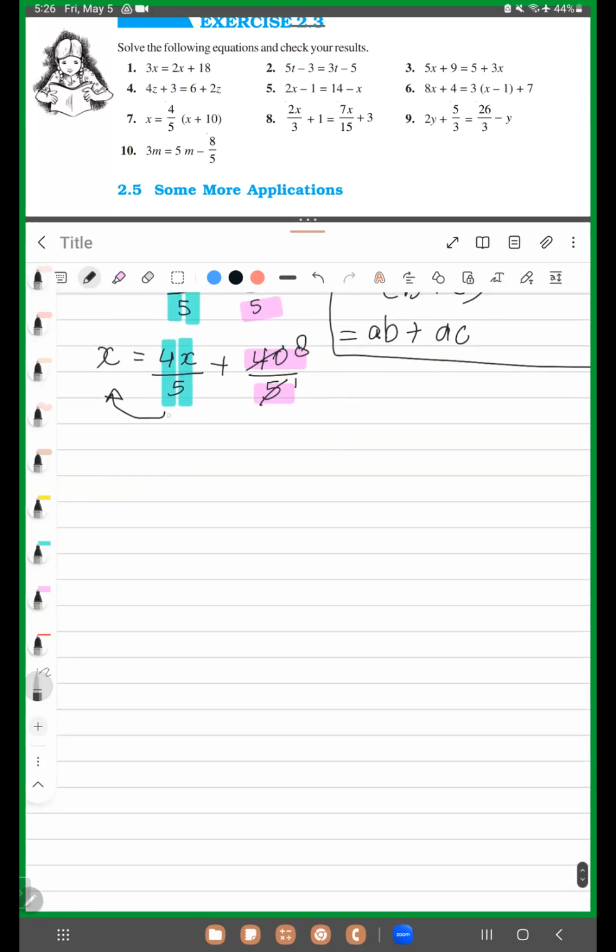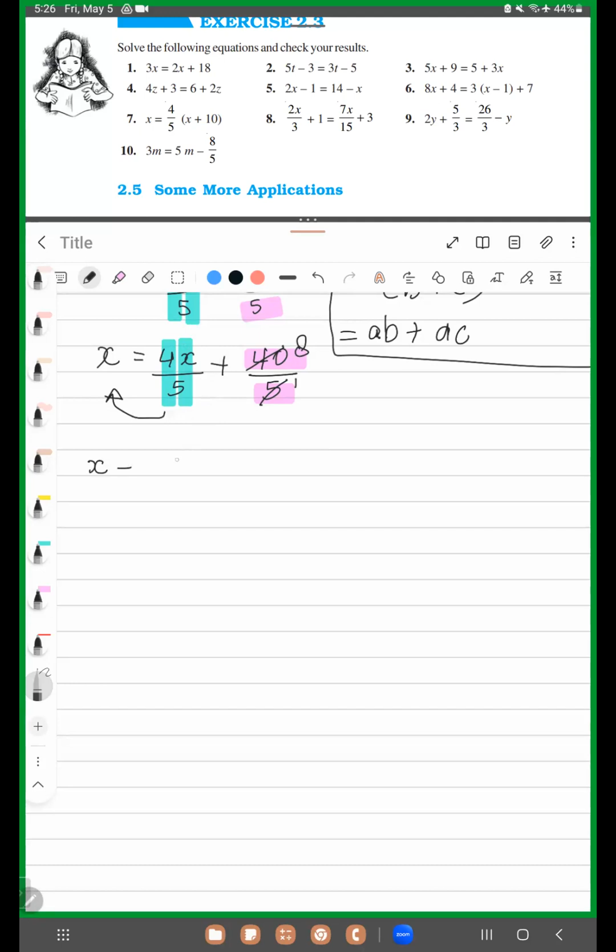अब आप इसको सेंड करिए ऑपोजिट साइड पे. It will be 8 minus x. Why will you send 8? You have to send x, right? You have to send this term, the blue term. Sorry.